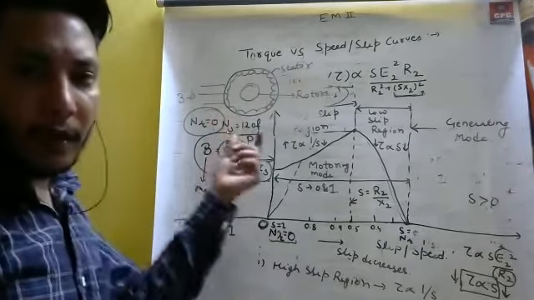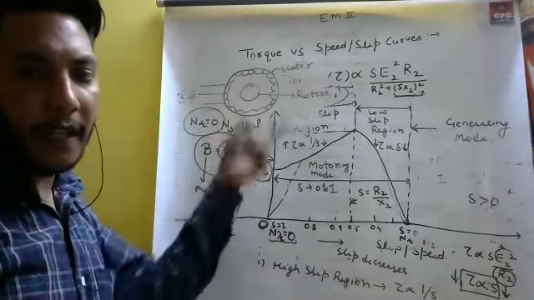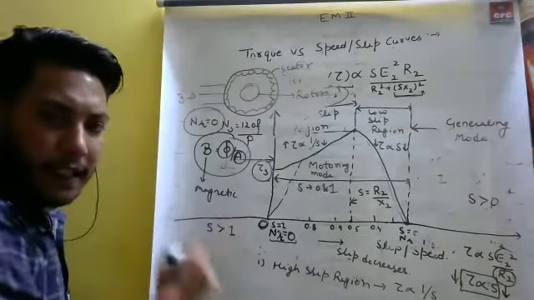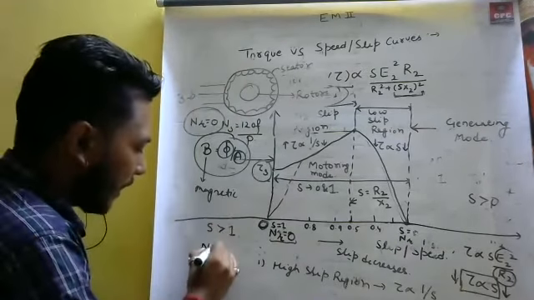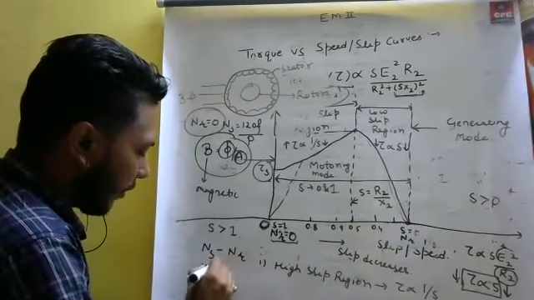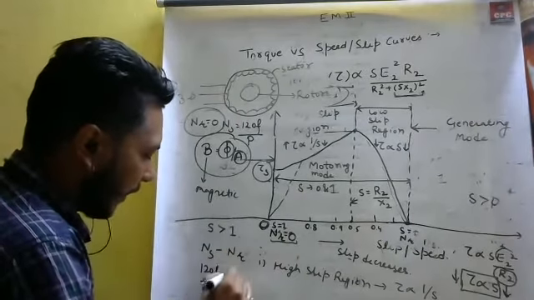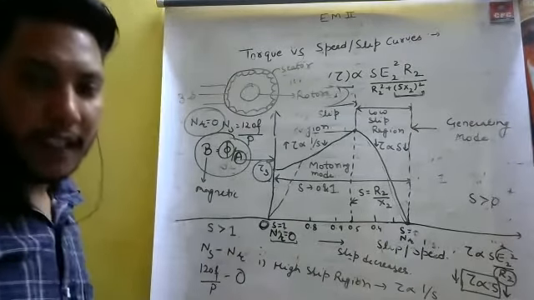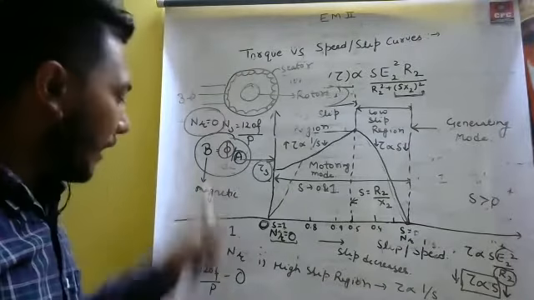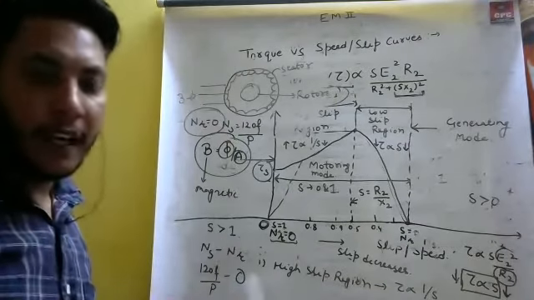The relative speed between the stator and the rotor at starting is ns minus nr, where ns is 120 f upon P and nr is 0. So at starting, the relative speed between stator and rotor is very high.